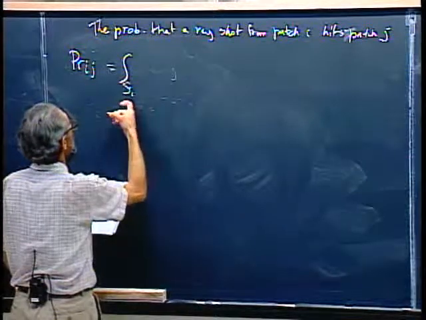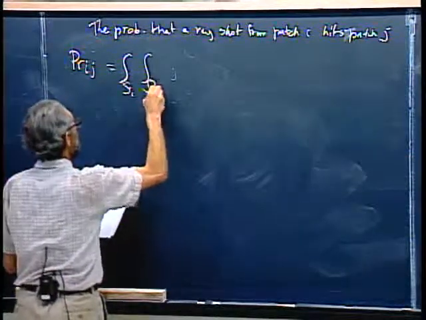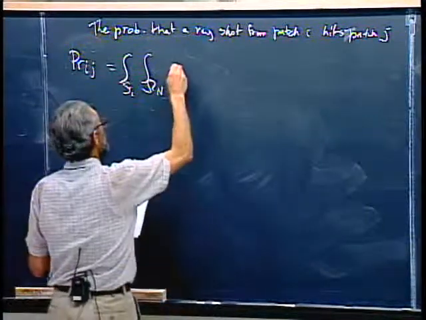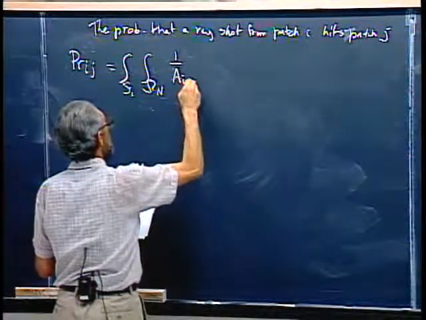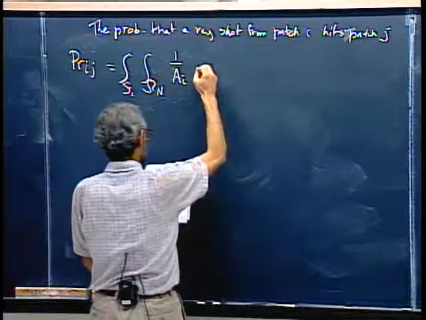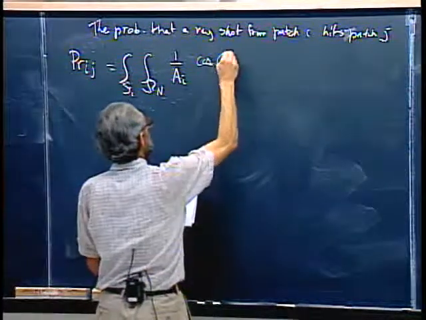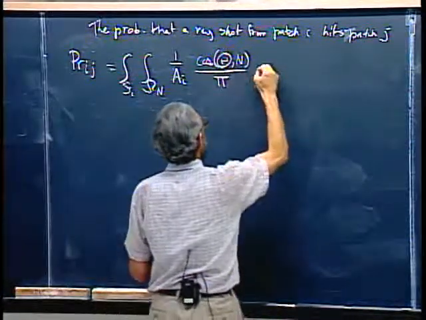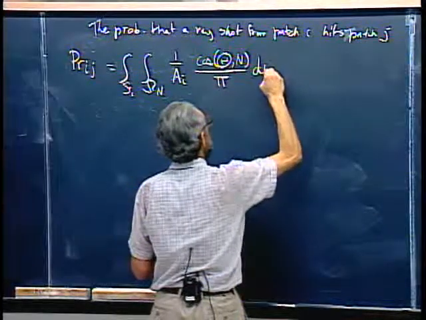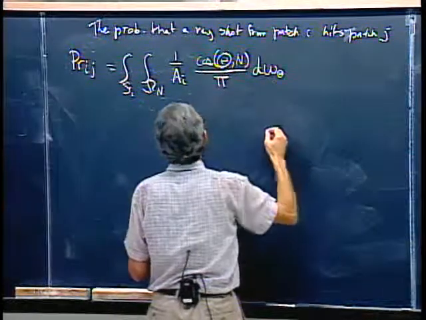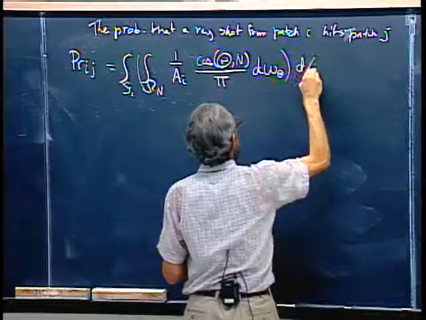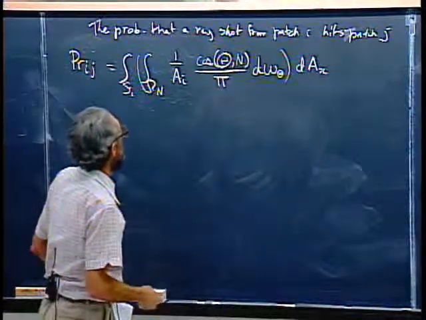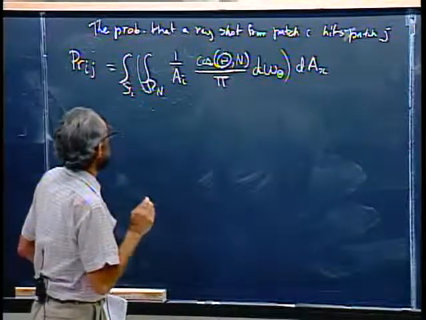Integral over the area of the patch I, integral over this normal above the patch, assuming it's a flat patch, of the probability density, 1 over AI times cosine the angle between theta and this normal divided by pi, integrated with respect to the solid angle of these thetas for the inner integral, and then integrated dAx over the patch I.